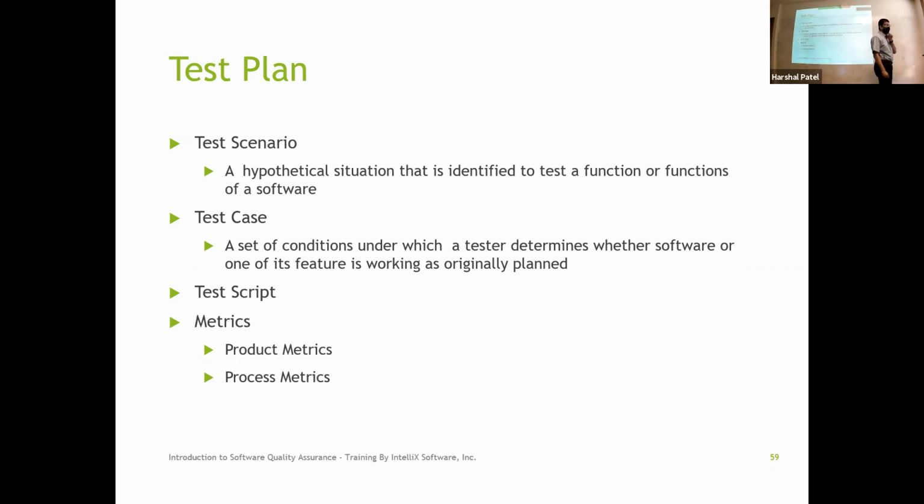Then it contains two different types of metrics. One is a product metric and one is a process metric. So think of product metrics as if somebody gives you software and you're testing it, and you find that every 3 test cases you run, you're finding an error, or 10% of the test cases that you're running are failing.